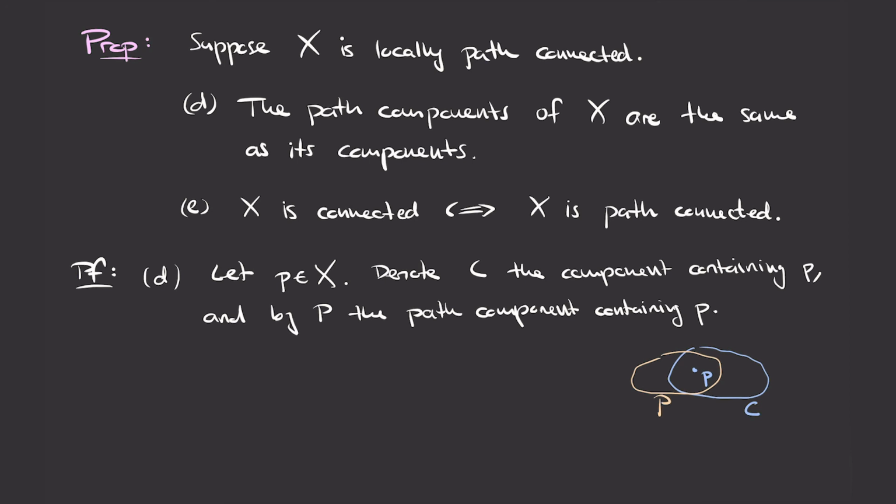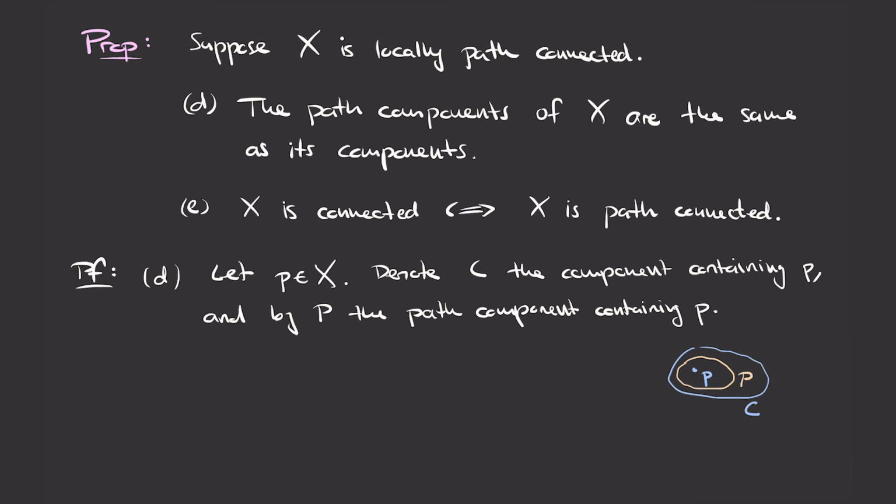Now we know that the path component is path connected, so in particular it's going to be connected. And we also know that any connected subset has to be entirely contained within a single component. So the way I've drawn this picture here can't actually be the case. P' has to be a subset of C. So let's redraw that in the correct way.